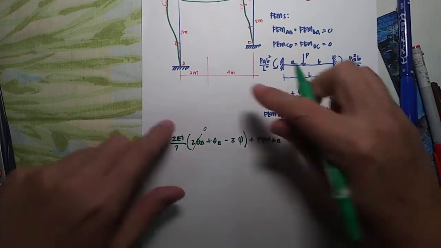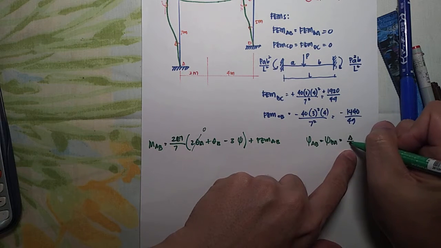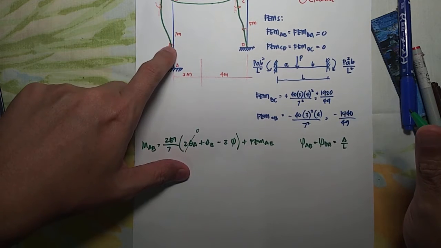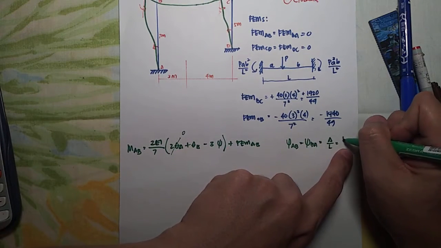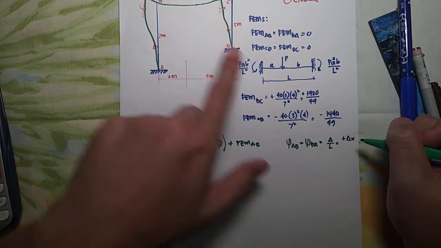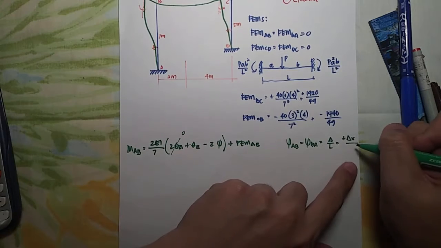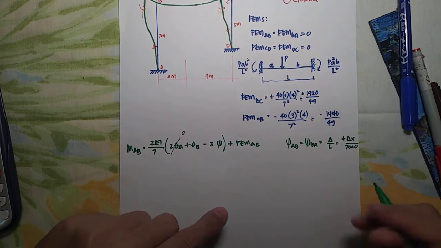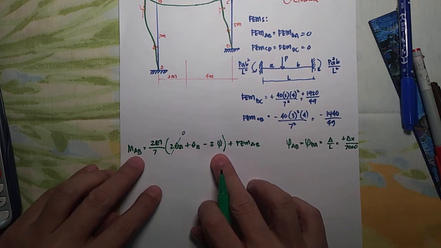And the psi here is delta over L. And since the rotation here is counterclockwise, that would be positive. So that would be positive delta x over L. The L is 7 meters, say 7,000 millimeters. So this is psi for AB.